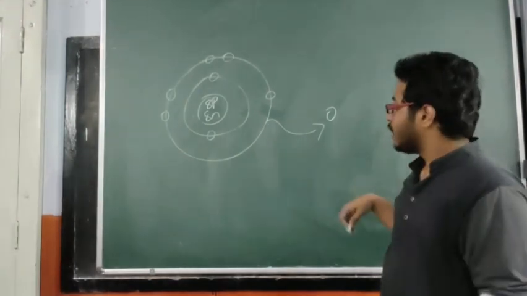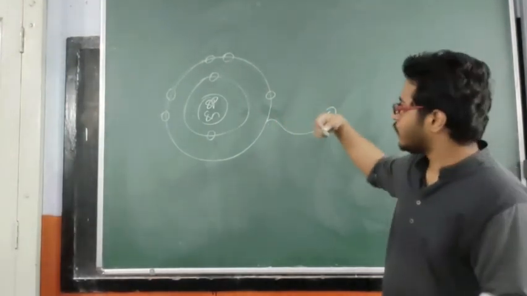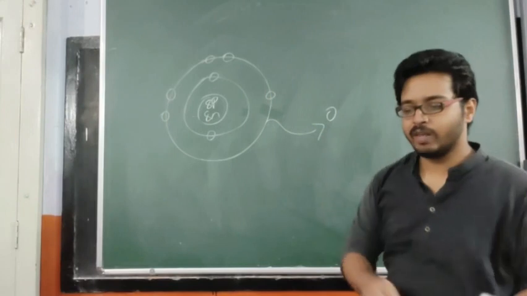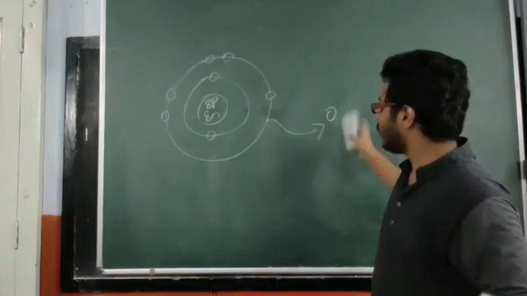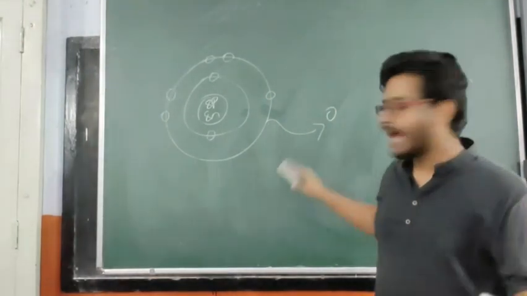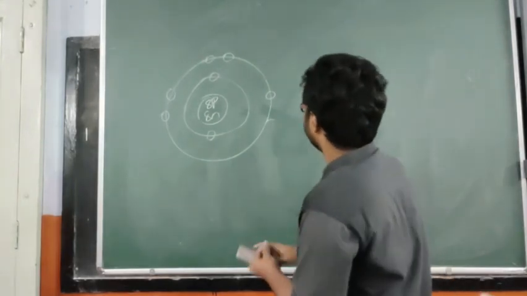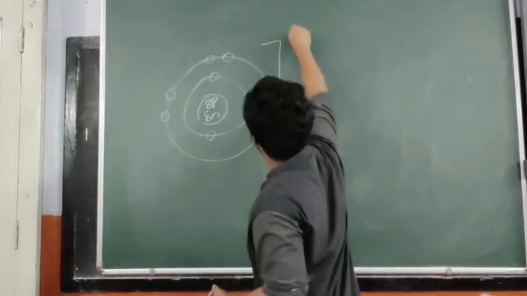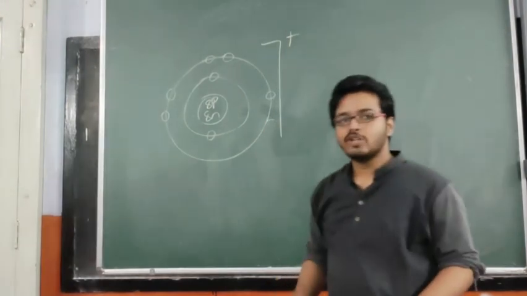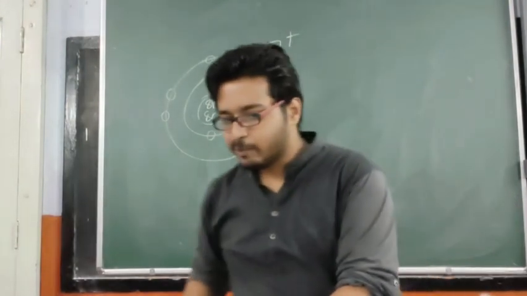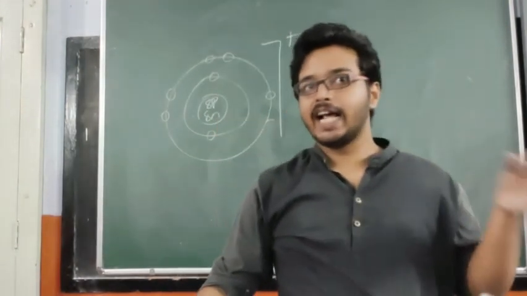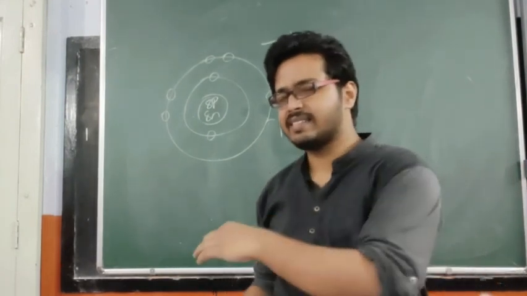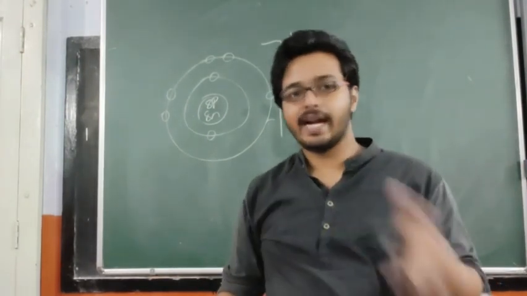After removing one electron from this atom, what is it now? If you remove one electron, it will become a cation. Cations are supposed to have a positive charge. So what is the process that I have done? I am removing an electron from the valence shell, so it is undergoing ionization.